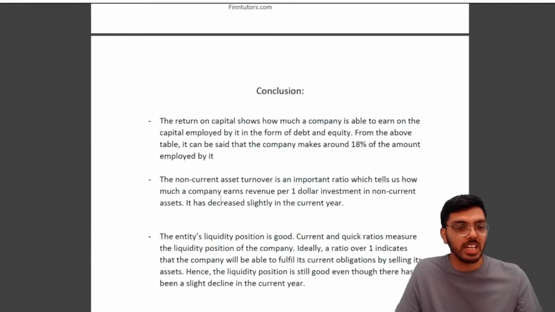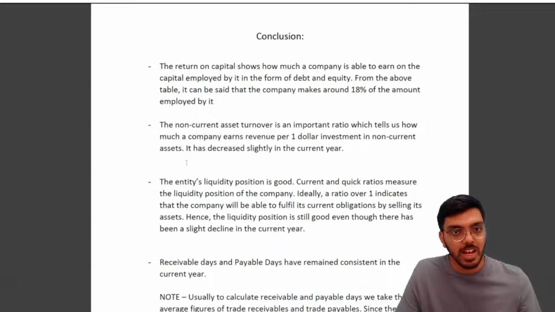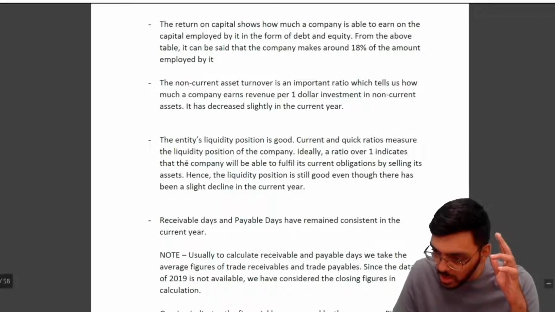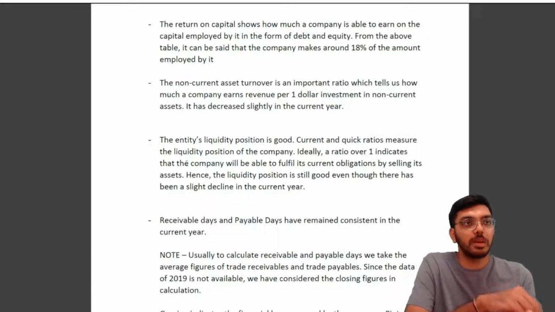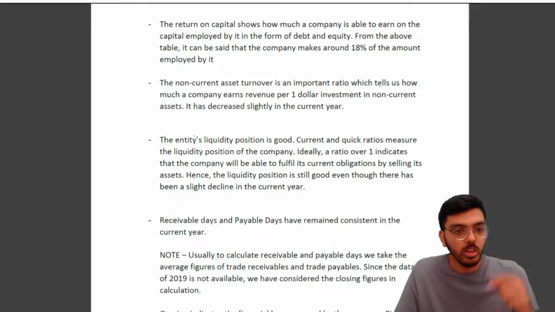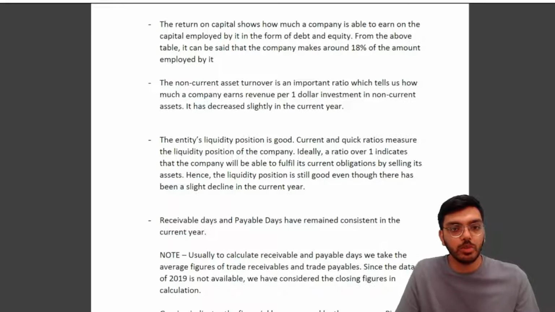Let me first make an analysis on the quick ratio and the current ratio that we were speaking about. And as I said, on the next page, there will always be conclusions. There will always be a reason to explain why each ratio would have gone up or down. So the entity's liquidity position is good. Current and quick ratios measure the liquidity position of the company.